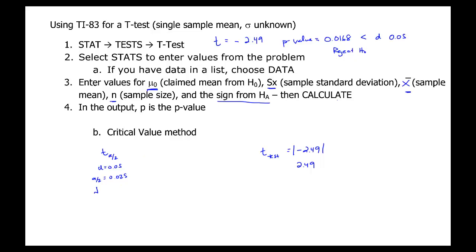The other thing we need is degrees of freedom, which is 41, and that's not on their table, so we'd have to use 40. And with all that information, if you were to look that up in the table, you get 2.021. So the critical value of t and our test statistic t, our test t is bigger, and when your test t is bigger, you reject the null hypothesis. And then again, write out your conclusion in the context of the problem, which I'll do in just a second.